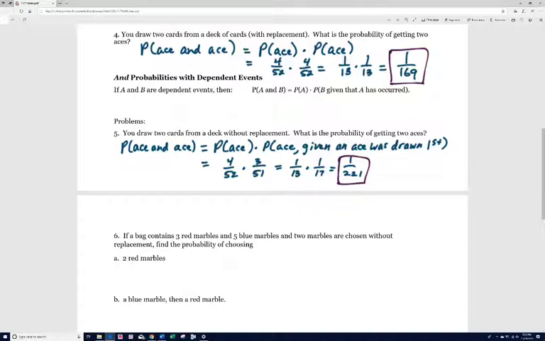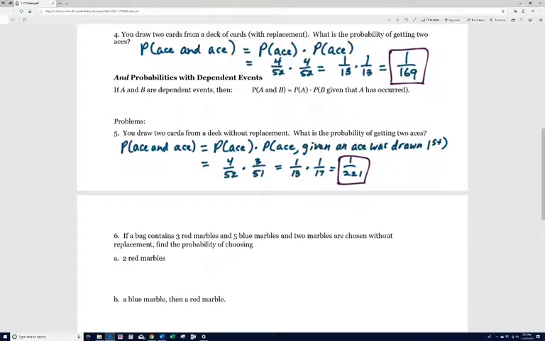All right, so it says if a bag contains 3 red marbles and 5 blue marbles, and 2 marbles are chosen without replacement, find the probability of choosing 2 red marbles. So these are dependent events because when you choose the first marble, you're no longer going to have the same number of marbles to choose from when you choose the second marble.